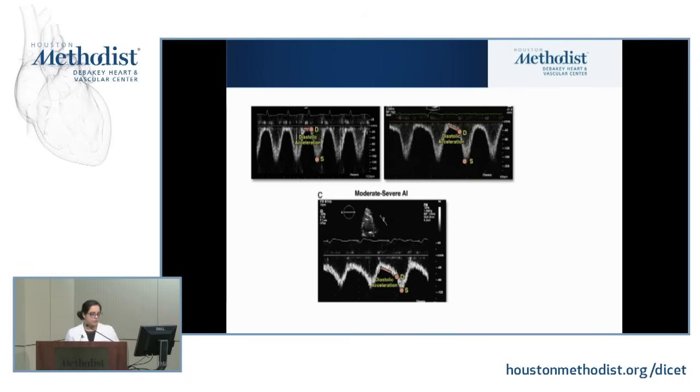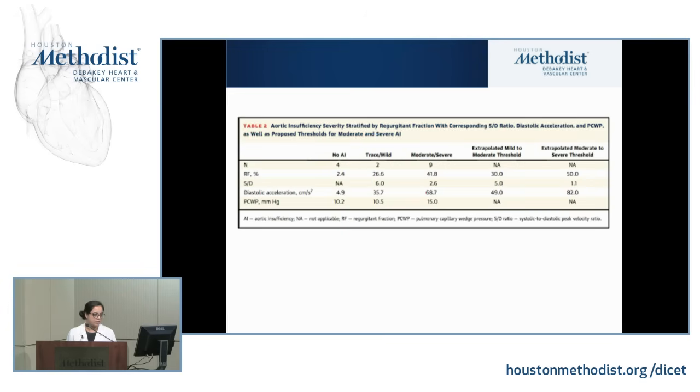They also looked at the diastolic acceleration and the diastolic and systolic ratios to determine whether those could be used in looking at regurgitation fraction. This is a nice table that summarizes that if somebody has mild or trace AI with a regurgitation fraction of 26%, their systolic to diastolic ratio was around 6, their diastolic acceleration was 35.7 centimeters per second squared, and the wedge was around 10.